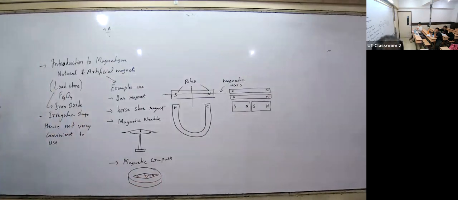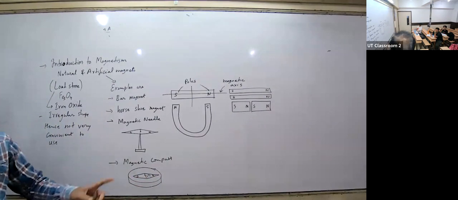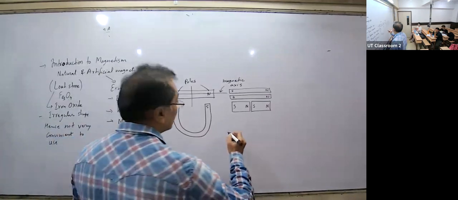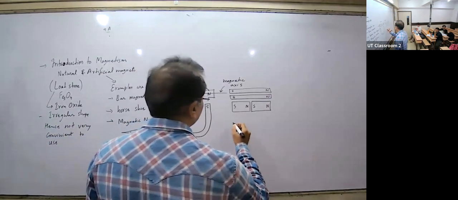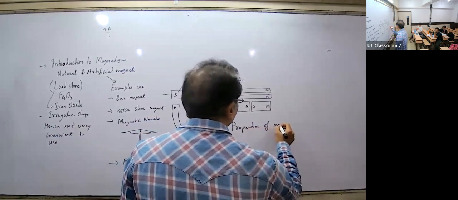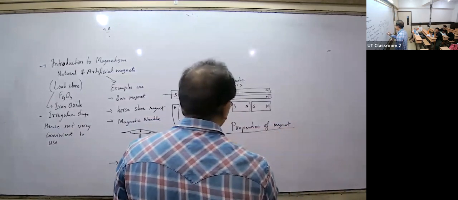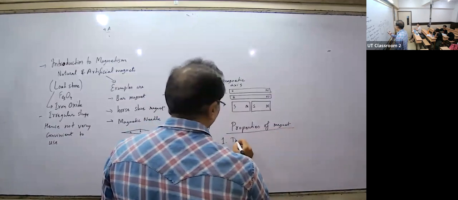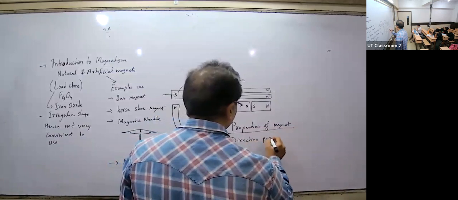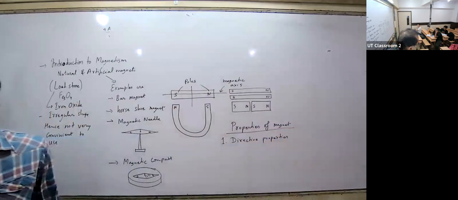Okay, so all these are different types of magnet. Now, properties of magnet. What did I tell you? Did I explain properties of magnet? We have written properties of magnetic field lines.